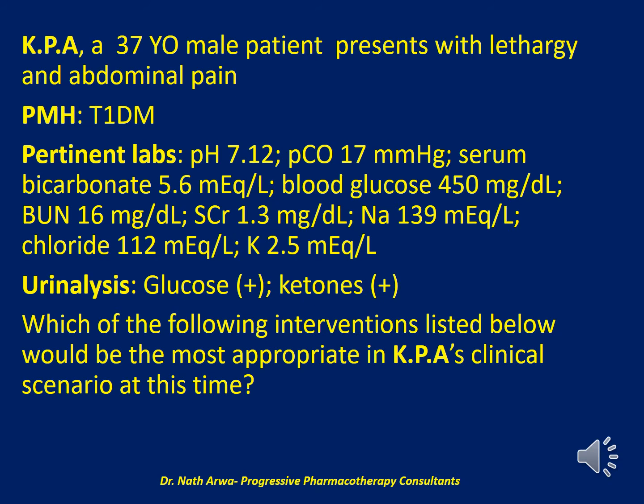His pertinent labs include a pH of 7.12, PCO2 of 17 mm of mercury, serum bicarbonate of 5.6 milliequivalents per liter, blood glucose of 450 mg per deciliter, a BUN 16 mg per deciliter, serum creatinine 1.3 mg per deciliter, sodium levels of 139 milliequivalents per liter, chloride of 112 milliequivalents per liter, potassium levels of 2.5 milliequivalents per liter.